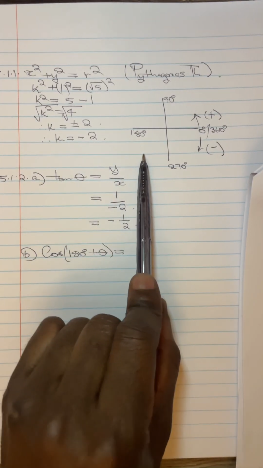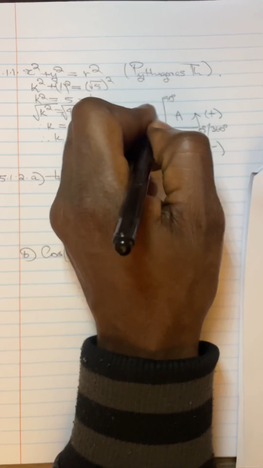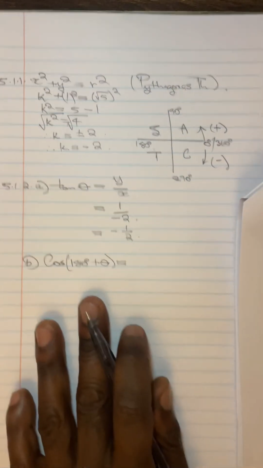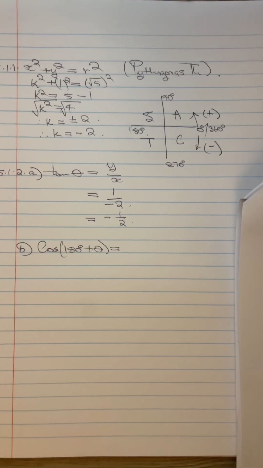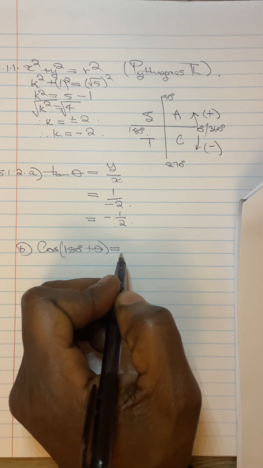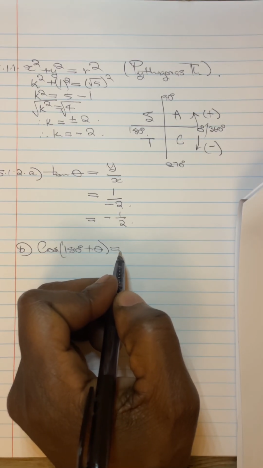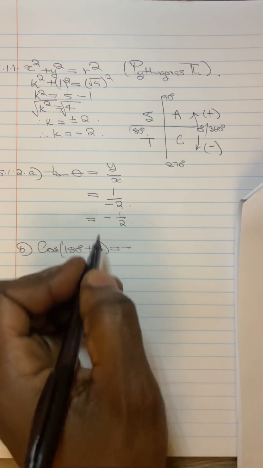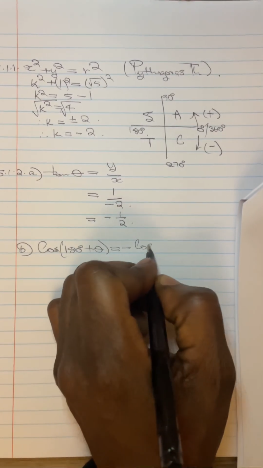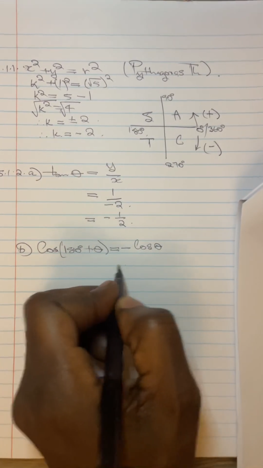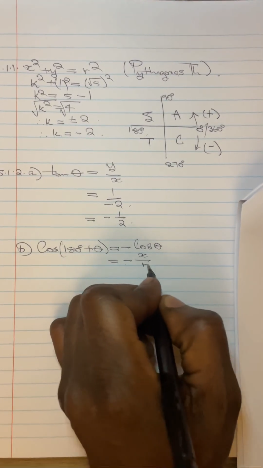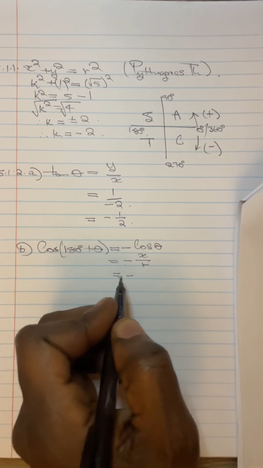So cos is negative here because we have All Students Taking Coffee. Therefore, cos of 180 plus theta will be negative, because cos is negative in the third quadrant. I have minus cos of theta, which is equal to minus x over r.